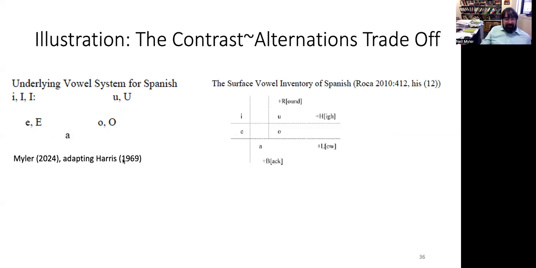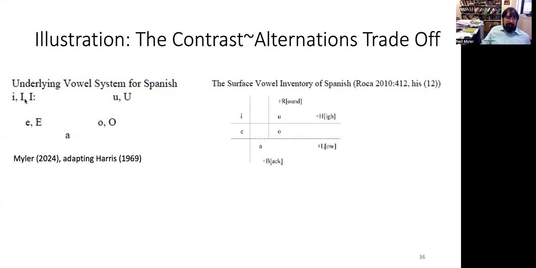And this is an adaptation of an immediately post-SPE analysis of Spanish by James Harris. And you can see why there's a trade-off here, right? So in order to account for these alternations, I was put into the position of having to add underlying vowels, which play no role in maintaining contrasts because they're always neutralized on the surface.